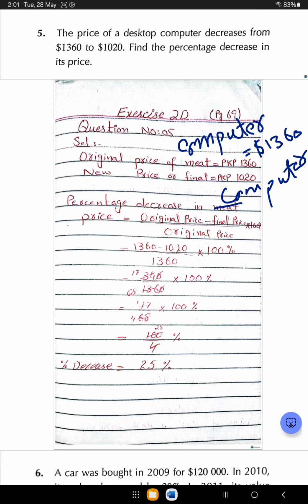The percentage decrease in the computer price is equal to original price minus final price, divided by original price, times 100. 1360 minus 1020 is 340, divided by 1360, times 100.